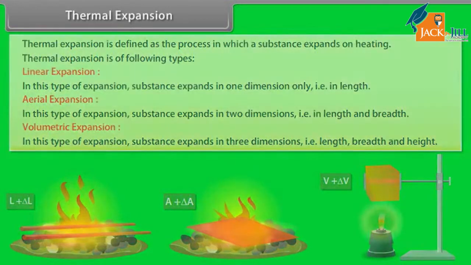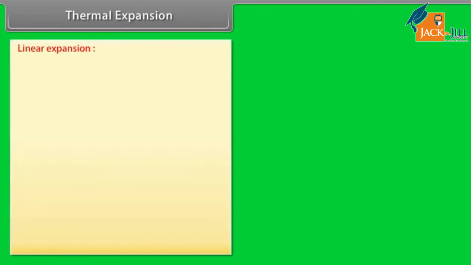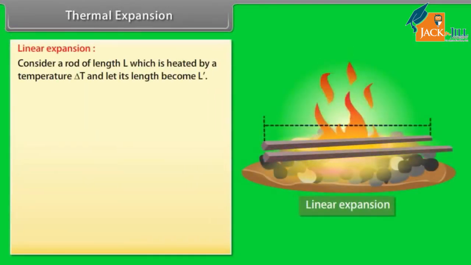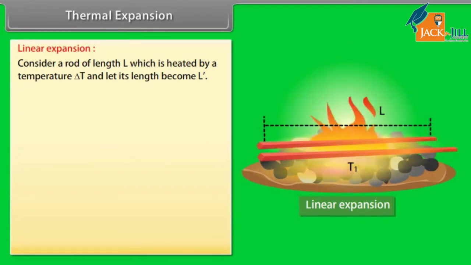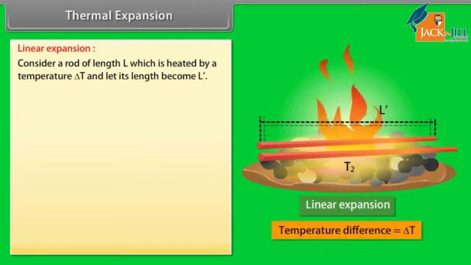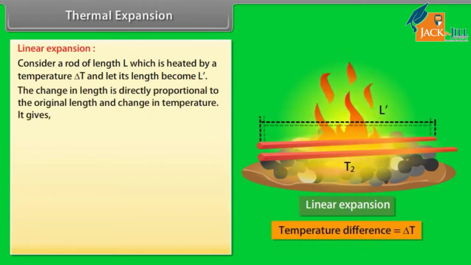height. Linear expansion. Consider a rod of length L, which is heated by a temperature change delta T, and let its length become L'. The change in length is directly proportional to the original length and the change in temperature.